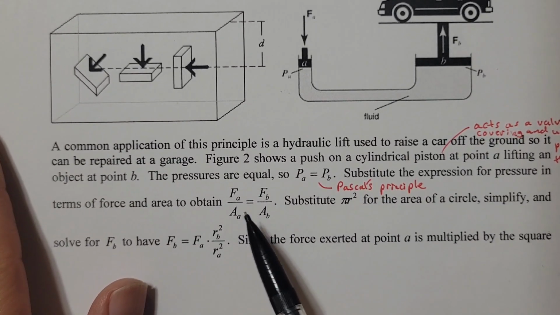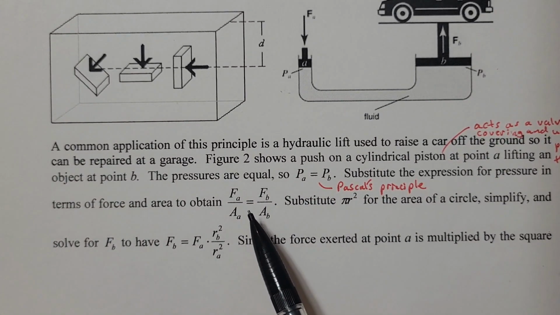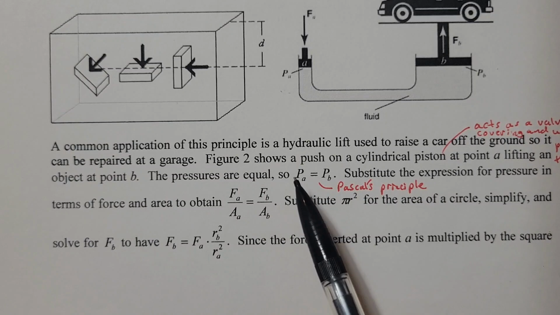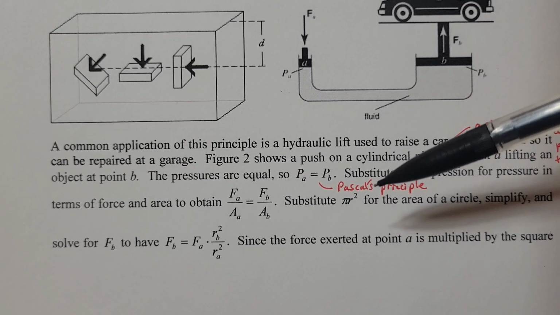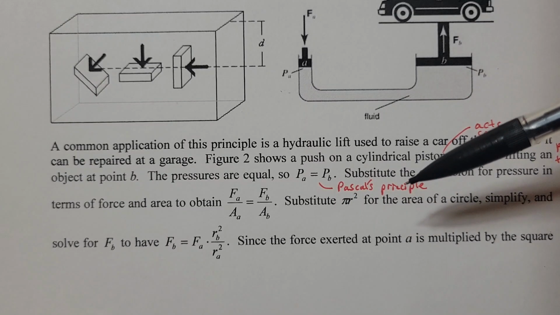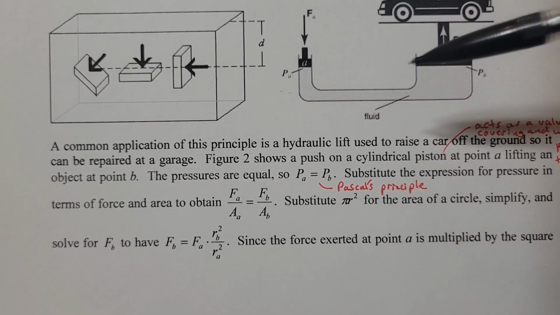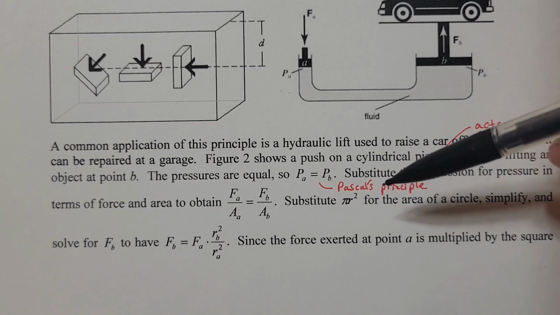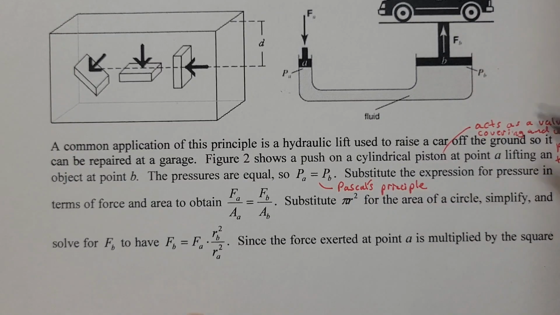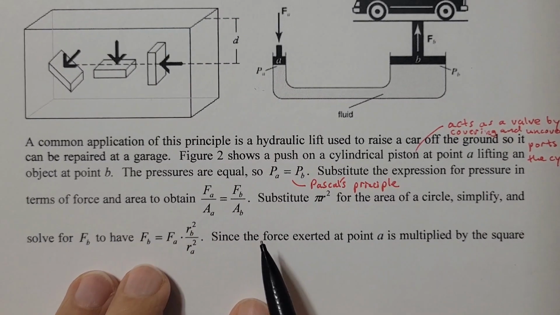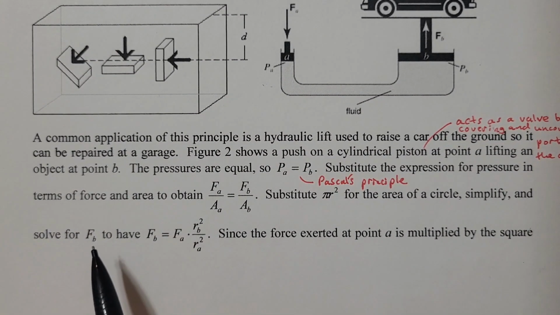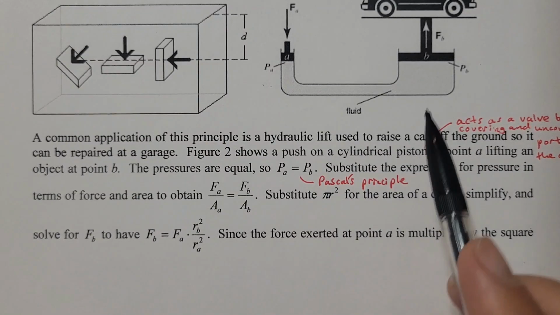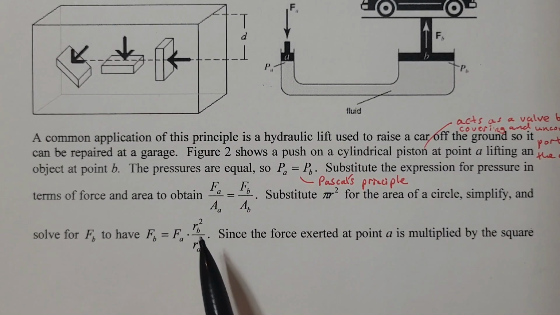You assume that the area is a circular spot, so substitute pi r squared for the area of a circle, simplify, and solve for the force on point B to get this equation here.